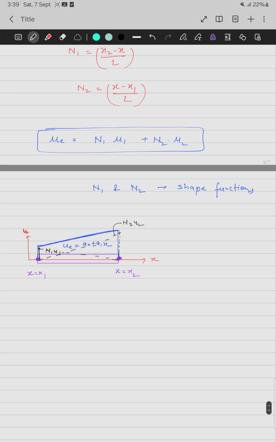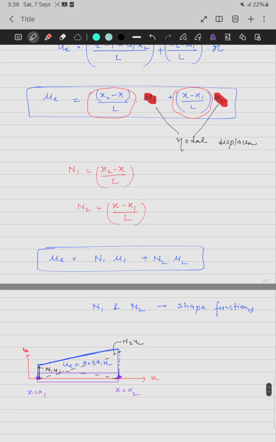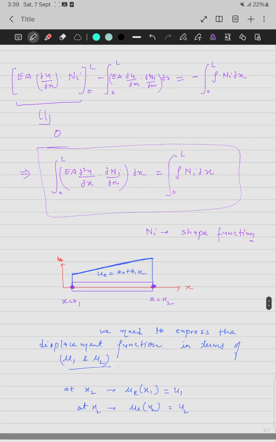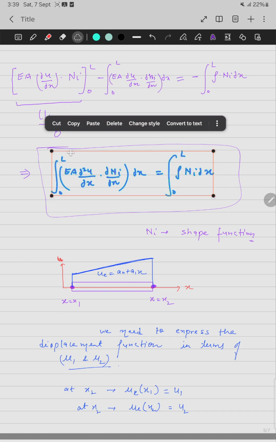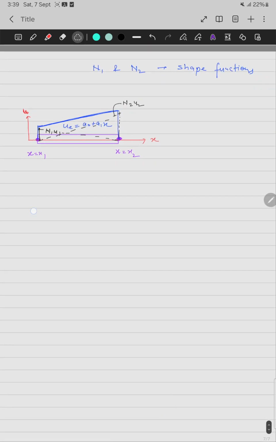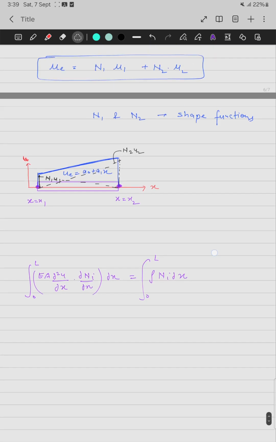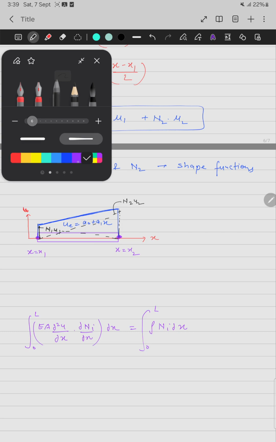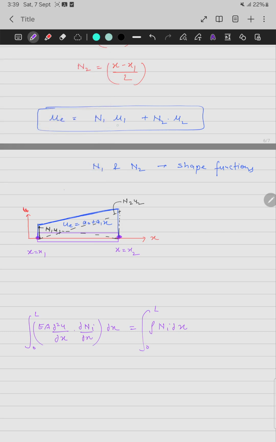So let's again put that main equation into the picture. I'm just copying this main equation from here. Up to this, we are getting the displacement equation in terms of shape function and nodal displacement.